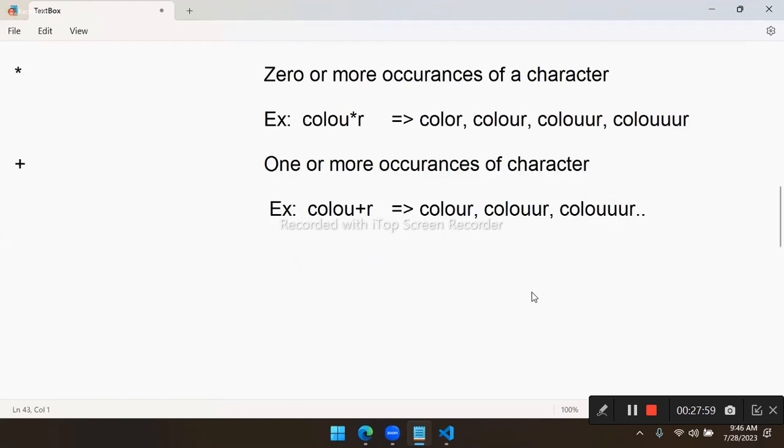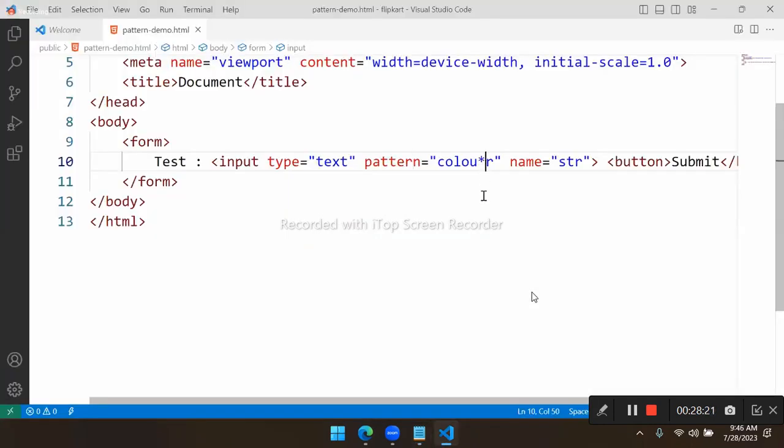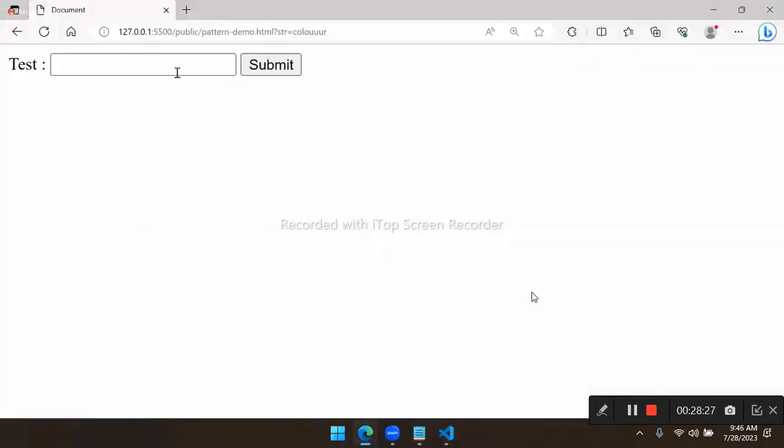How you can configure asterisk, question mark and plus. So question mark is 0 or 1 occurrence. Asterisk is 0 or many occurrences. And plus is 1 or more occurrences. So you see now I am using here plus instead of asterisk. And here I am writing COLOR.